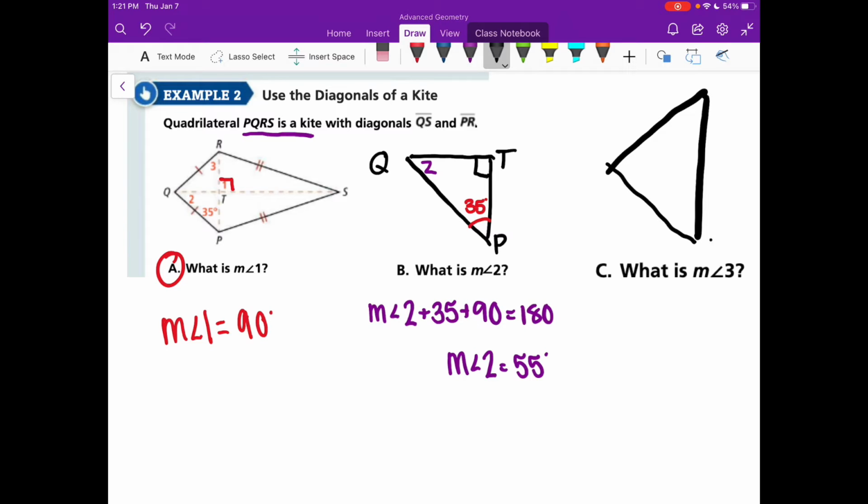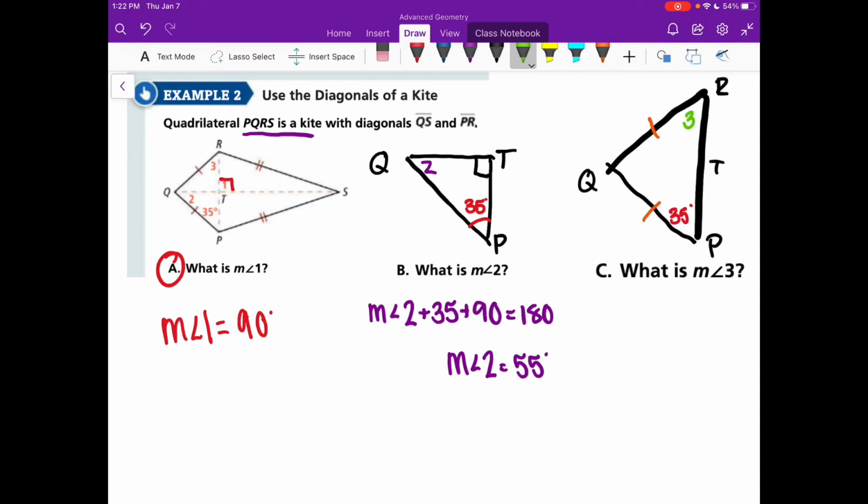We know that this is P, R, with Q. We know that this side is congruent to that side. We know that this angle is 35 degrees. We know that this angle 2 is 55. That doesn't really help us find this missing angle 3.